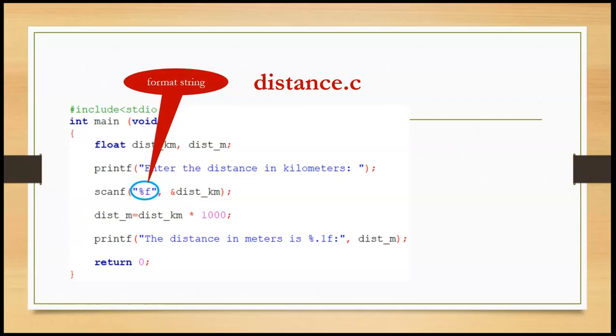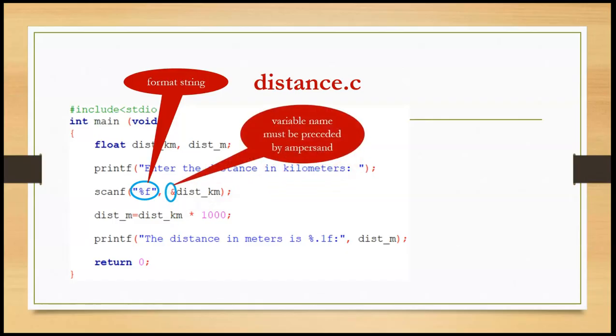The first argument to the scanf function is the format string. The variable name is dist_km, which represents the distance in kilometers, and this variable name must be preceded by an ampersand sign.